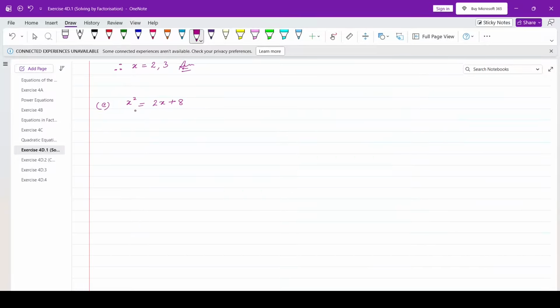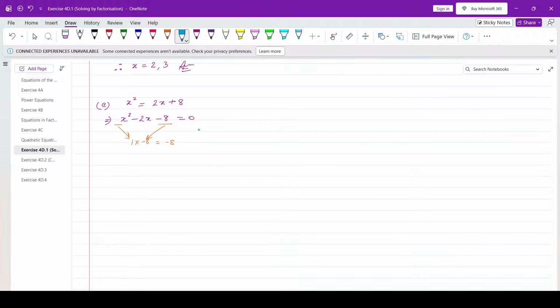E. x square is equal to 2x plus 8. So x square minus 2x minus 8 is equal to 0. From here we have 1, and from here we have negative 8. So if we multiply 1 with negative 8, we get negative 8.